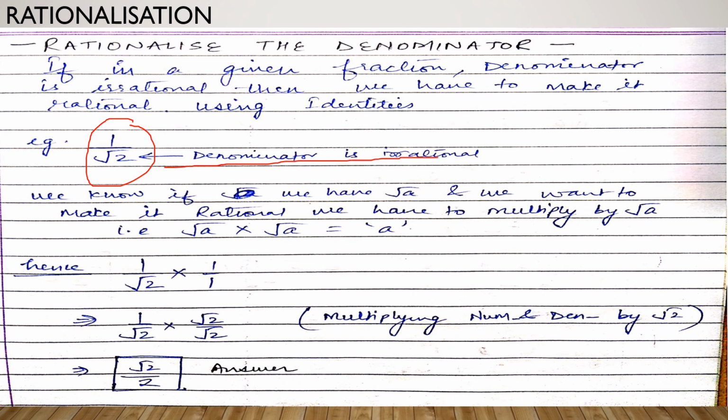You have to rationalize it. So you tell me by which number we will multiply this denominator to make it rational. We all know if you have root 2 and you multiply it with root 2 again, then only you can get a rational number, that is 2. So the only number we can multiply with this root 2 in the denominator is root 2.